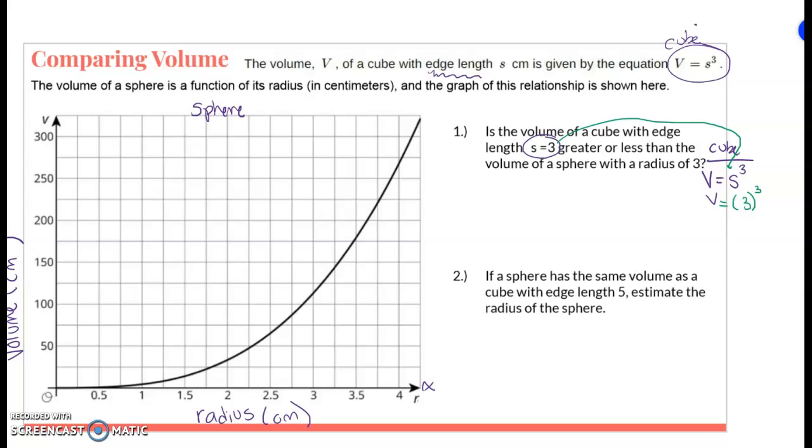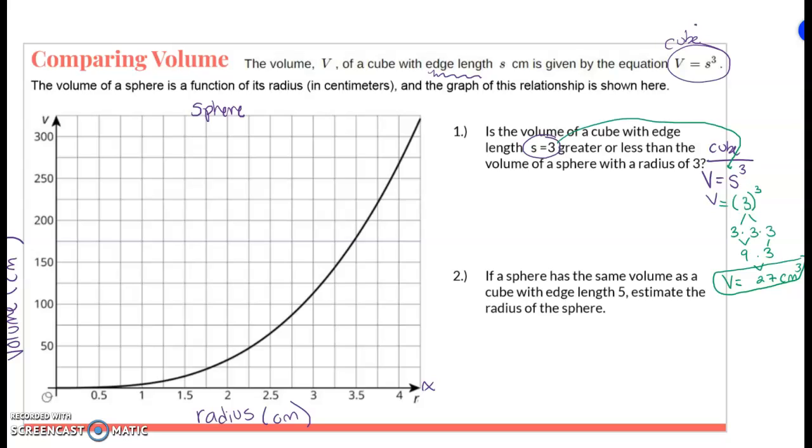So 3 cubed means I'm going to take 3 and multiply it by itself 3 times. That's what this exponent tells me. 3 times 3 is 9. 9 times 3 is 27. So I know the volume of my cube is going to be 27 centimeters cubed. Volume, we always have it cubed.